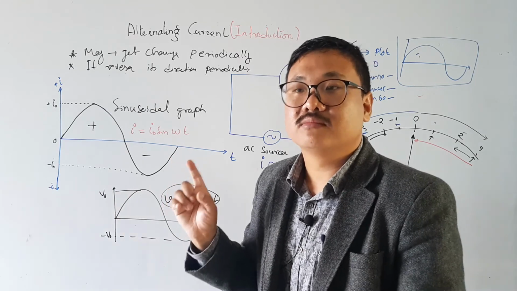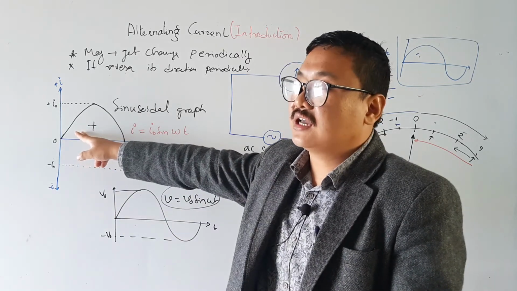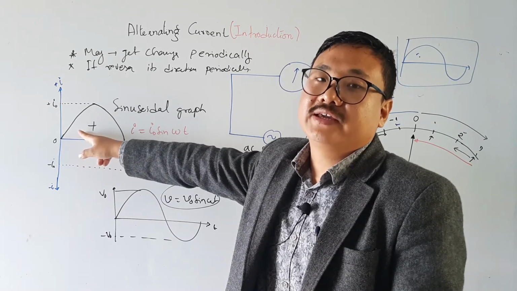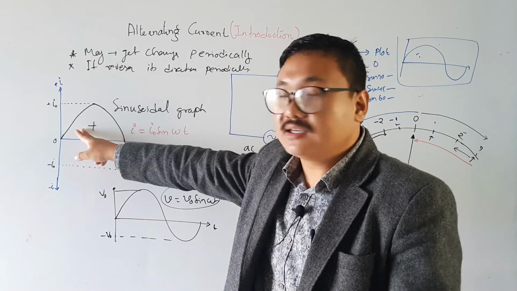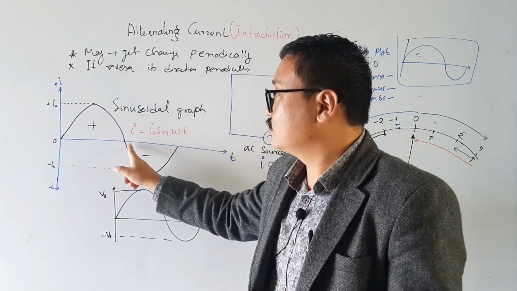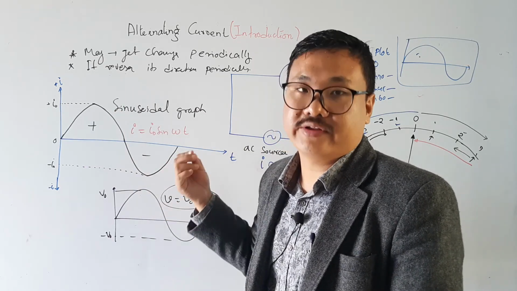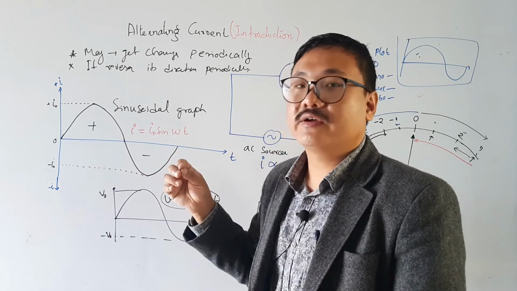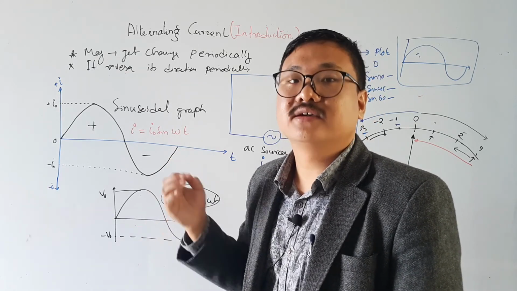That is a very important point here, because the current is changing. If I say I am getting 3 ampere of alternating current, but the current is going from 0 to the maximum, again 0, again to the negative, then which value am I referring to? This value is called the root mean square value, which we are going to study later on.